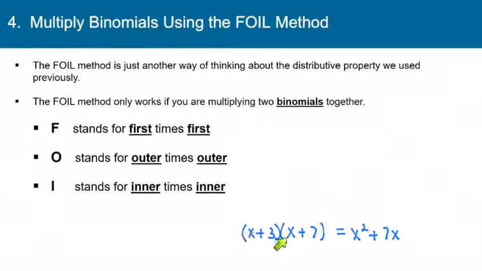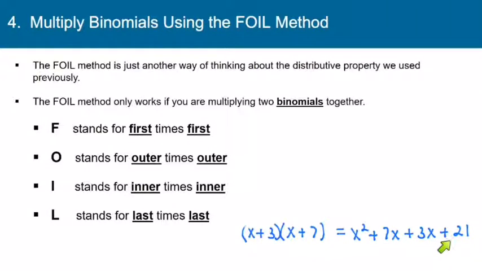Then I stands for inner times inner. So if the two outside ones are the outer terms, then these other two must be the inner ones. So 3 times x is 3x. And then L stands for last times last. So that means to multiply together the last term in each pair of parentheses. So that would be 3 times 7, so that would make positive 21.